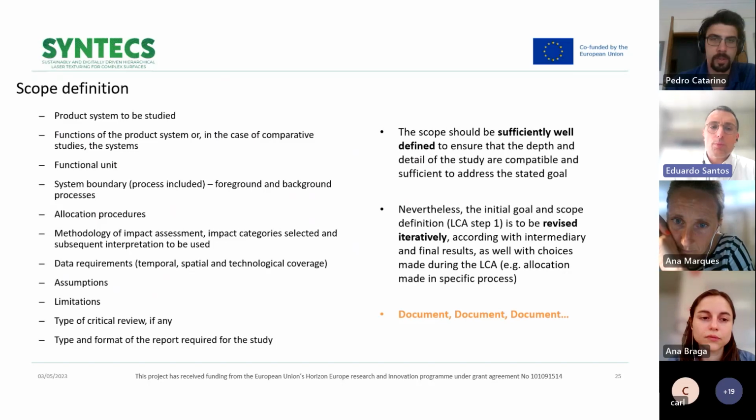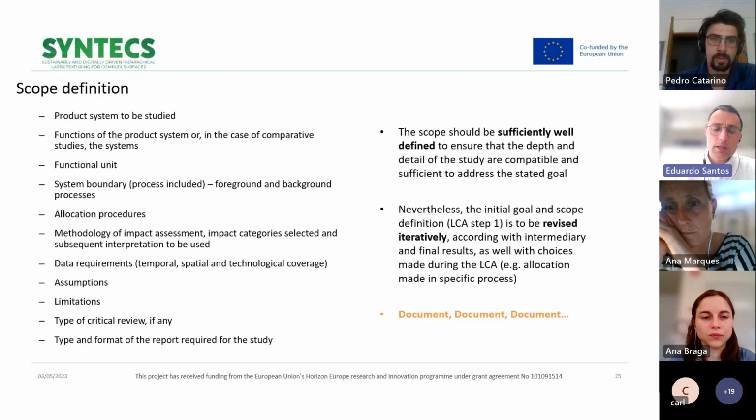Regarding the scope, although it may seem relatively easy to define, mostly the borders of the product system or the service system, it's a stage in the life cycle development that influences a lot of what will happen next.